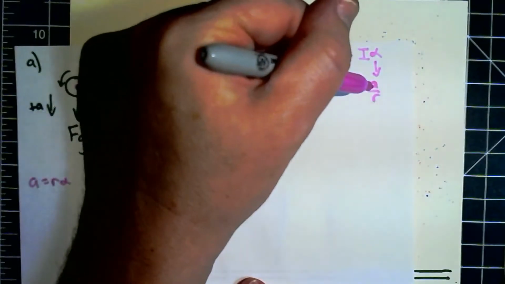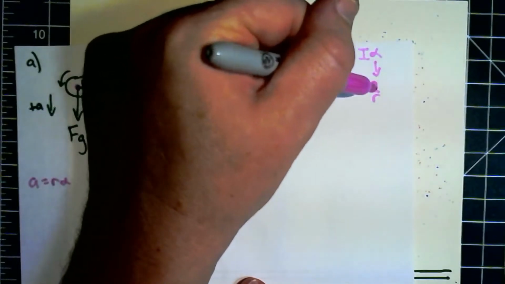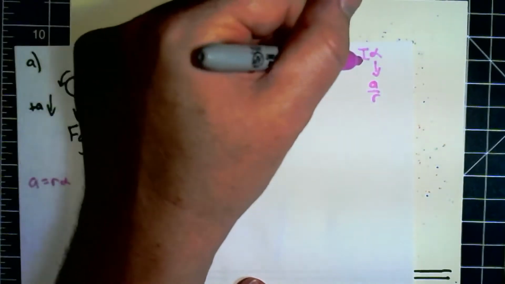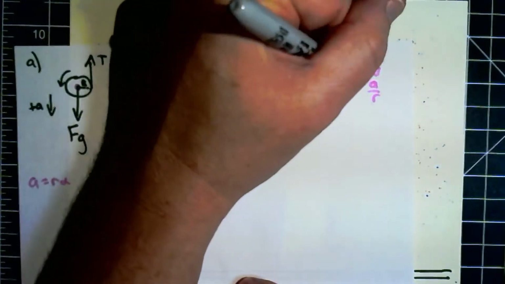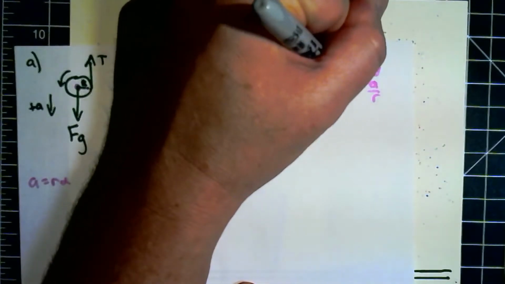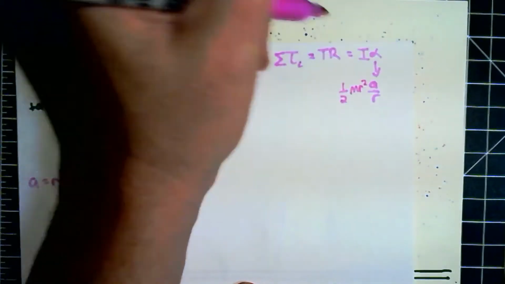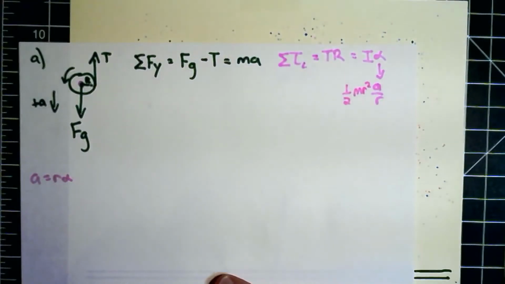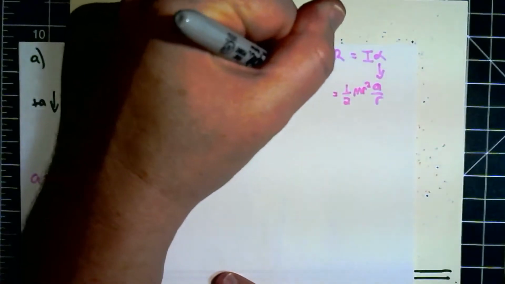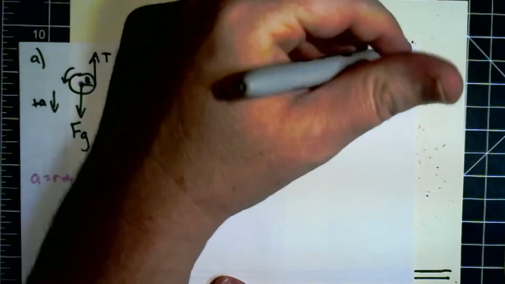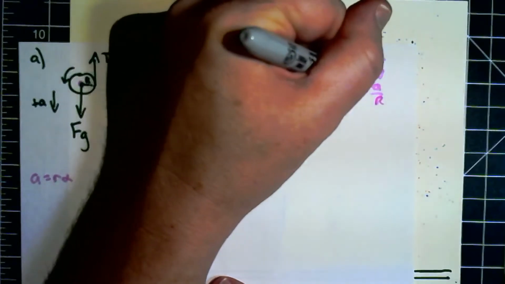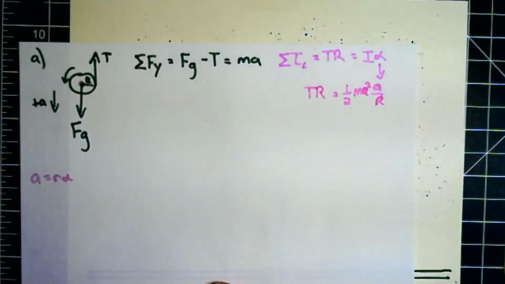So I just rearrange and make that substitution for alpha. And then of course I is 1/2 mr squared, so I'll make that substitution right here as well, 1/2 mr squared. Okay, and so that equals tension times the radius, and all these should be capital R's, by the way.